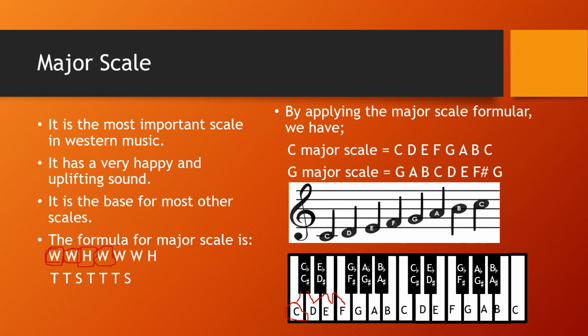Whole means I will move half plus half, giving me G, then another whole again, half plus another half, giving me A, another whole again, half plus another half, giving me B, then it says half, which is C here. So this particular scale forms what we call the C major scale. C, D, E, F, G, A, B, and C. What we have here.